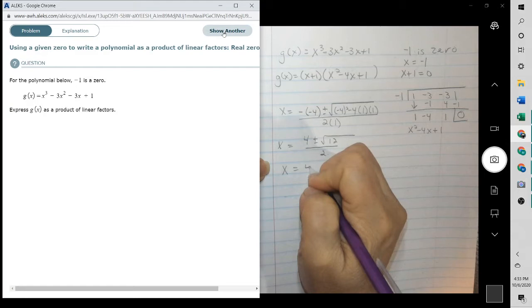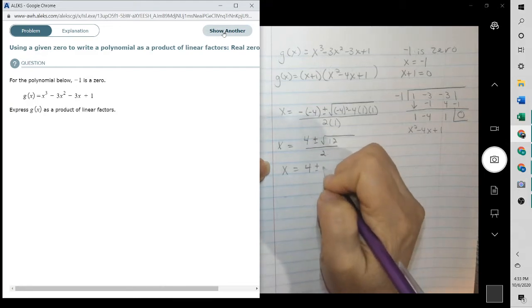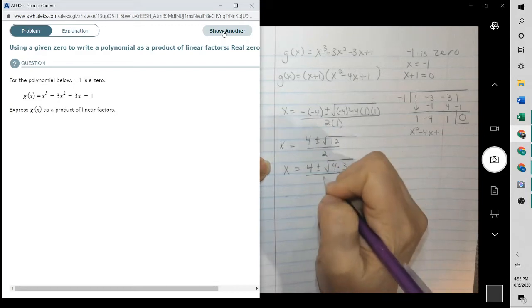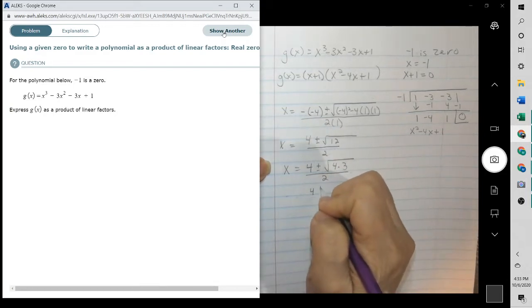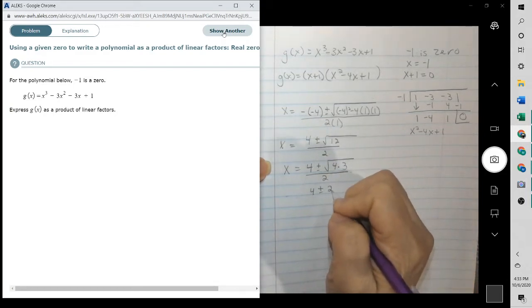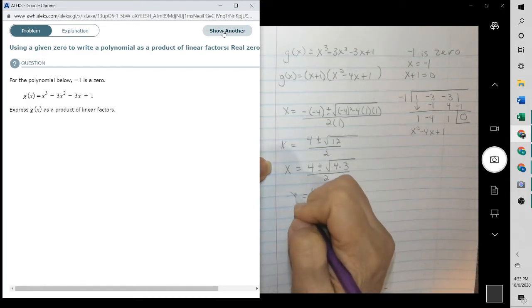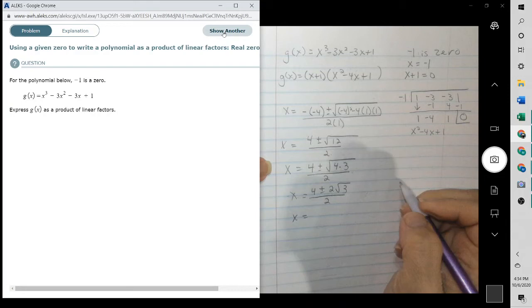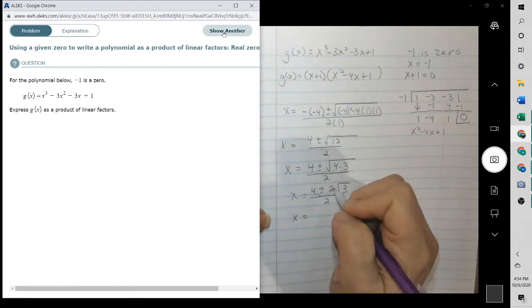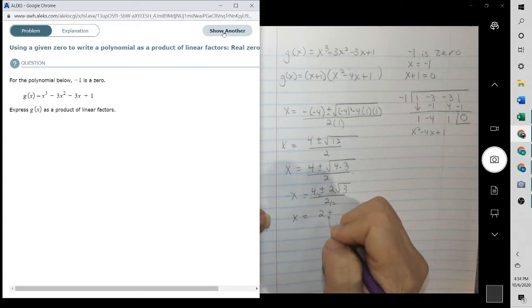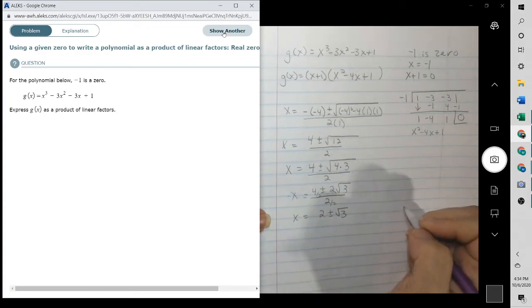So we have 4 plus or minus the square root of 12, which is 4 times 3. 4 plus or minus the square root of 4 is 2 radical 3. This will all reduce by 2. So we have 2 plus or minus the square root of 3.